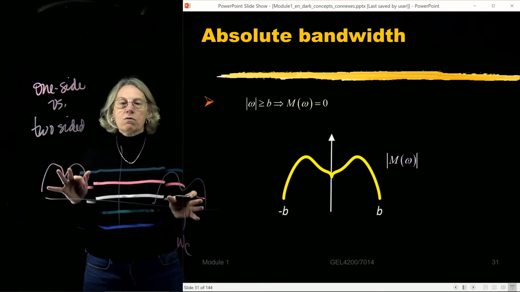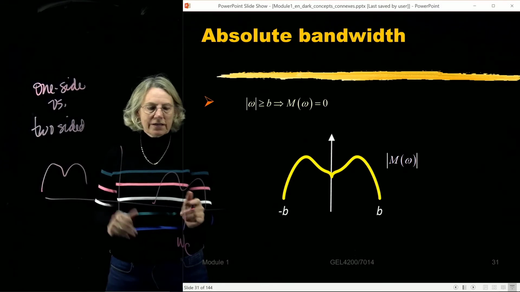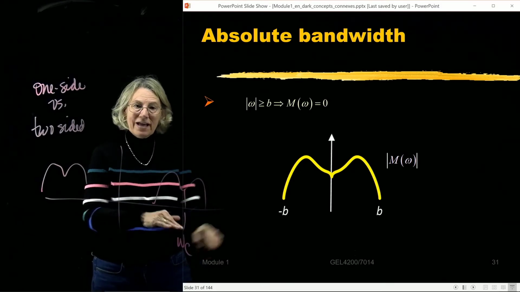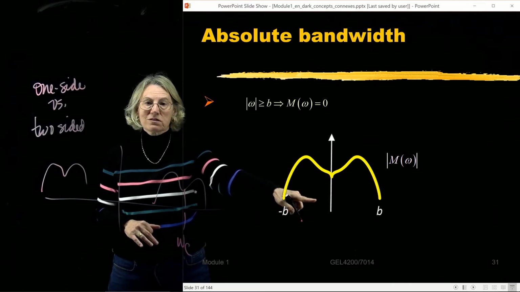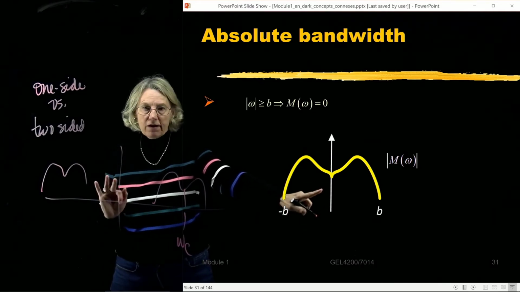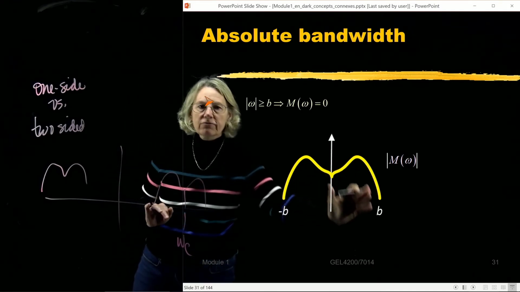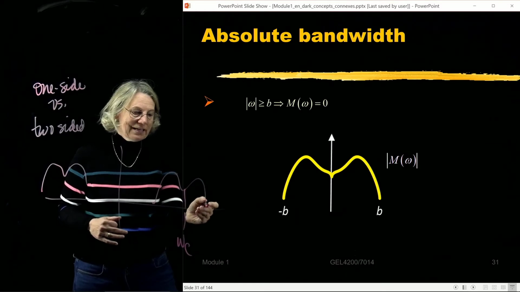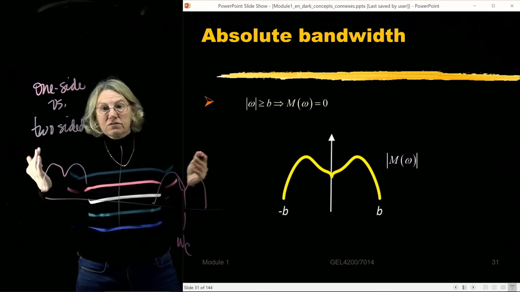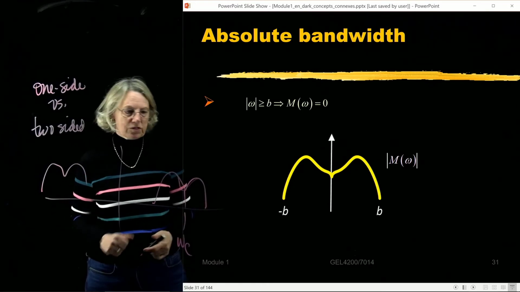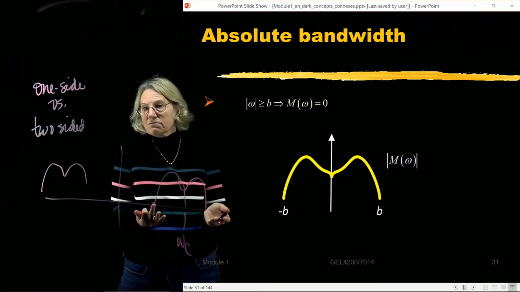So now, when I look at this signal, it seems to be twice as wide when I put it on a carrier as it looked when I was looking at it in baseband or at DC. Here's DC, no carrier, and if I looked at only the real frequencies, B would be the bandwidth. But if I put it on a carrier, then now I'm seeing both sides. That's what's great about Fourier analysis. It predicts this, and this is actually what happens. This is what we observe. And so now the bandwidth seems twice as large.